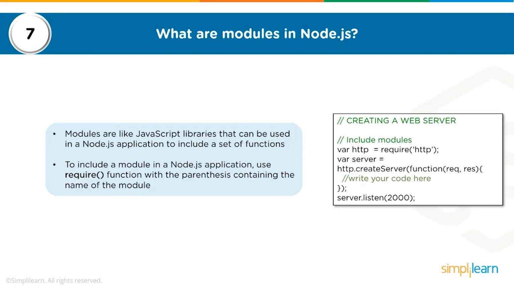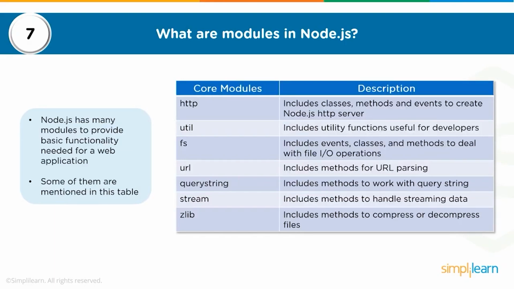The example on the right-hand side shows that we need HTTP, which is a web server, and we require that to be installed. If you're running that NPM package, it will install the HTTP server, and then you can write some code to listen on localhost port 2000, where you'll be running your application. There's a whole bunch of modules that come with Node.js right out of the gate.